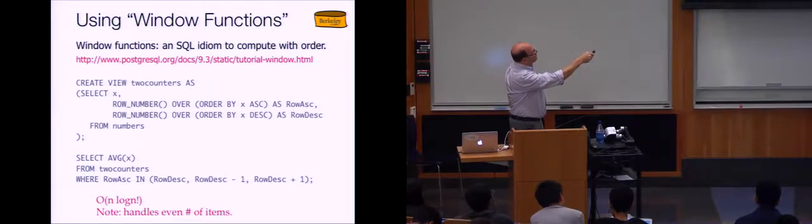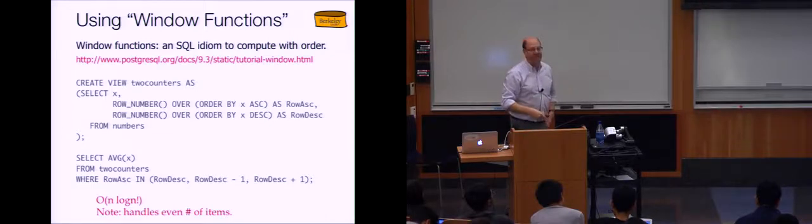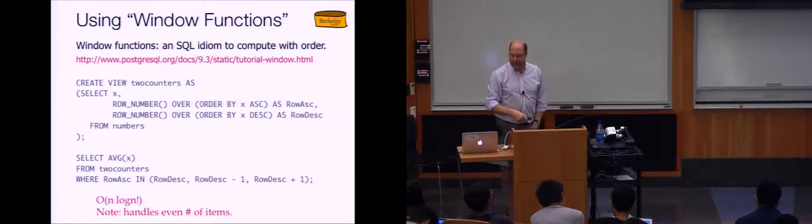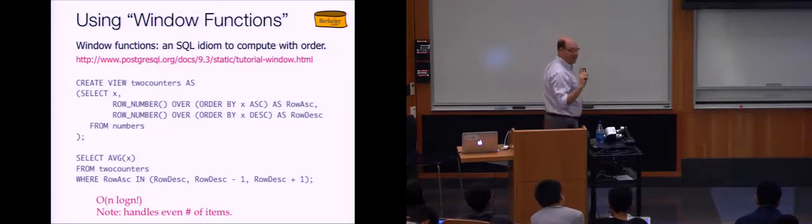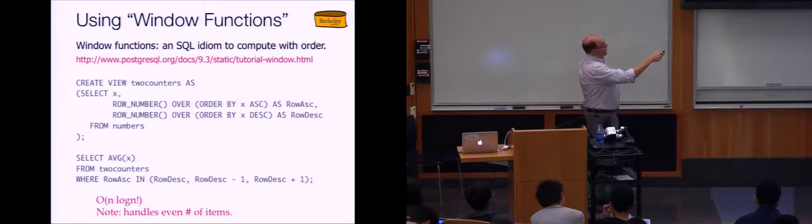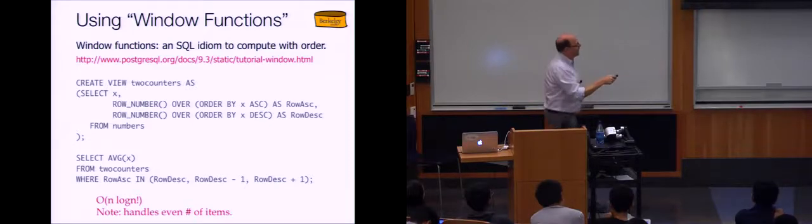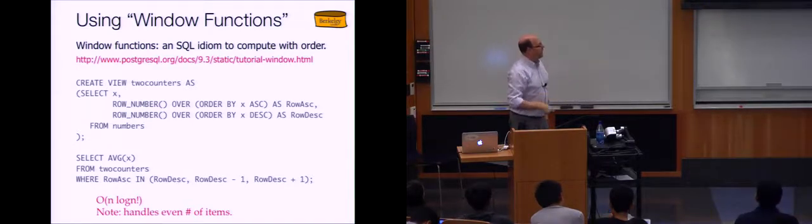So basically, each record of two counters is a value from the table numbers, plus its position in the ascending order, and that's the second field, and the third field is position in the descending order. Okay, and given that, it makes sense. You can write this query over this view that basically computes the median that way.